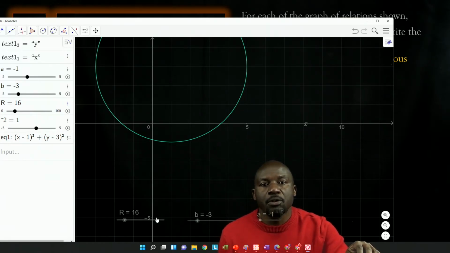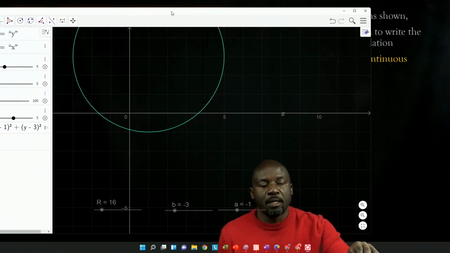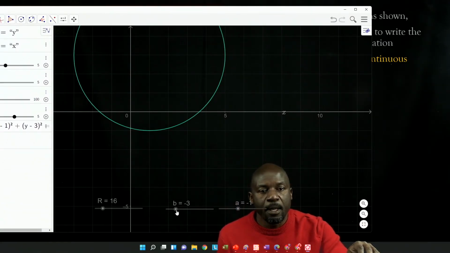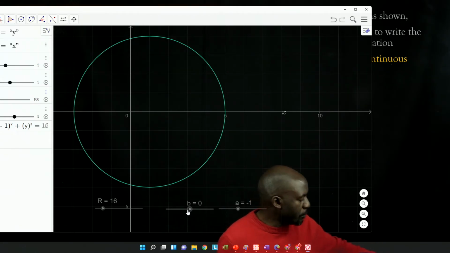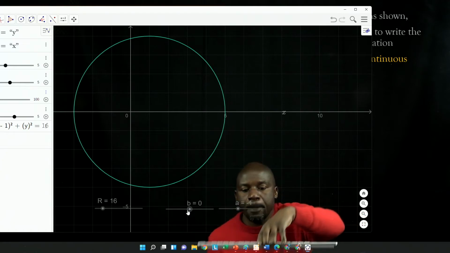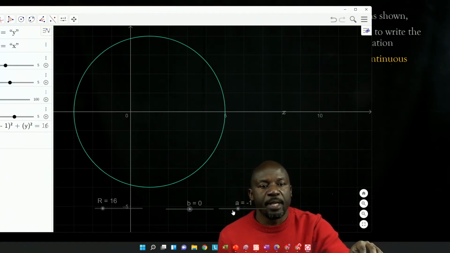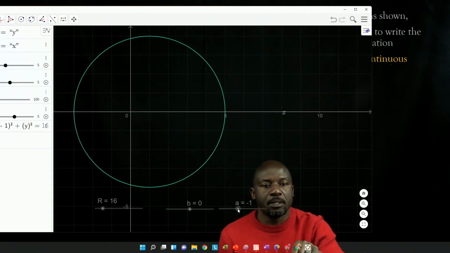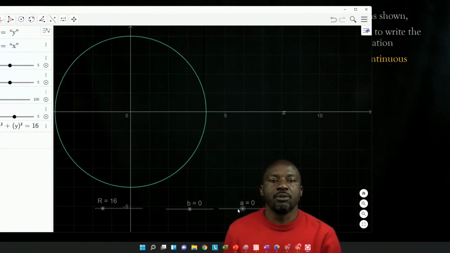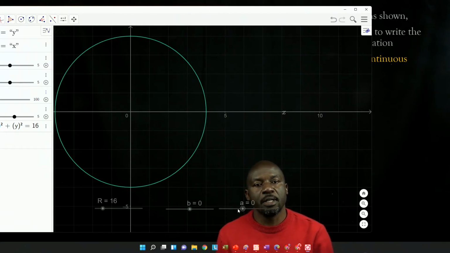So what I'm going to do, the a and b that I mentioned before are here. So I'm going to make b a 0. I'm also going to make a a 0. There we go. So you notice that this circle is at the center. Its center is at the origin of the xy coordinate.